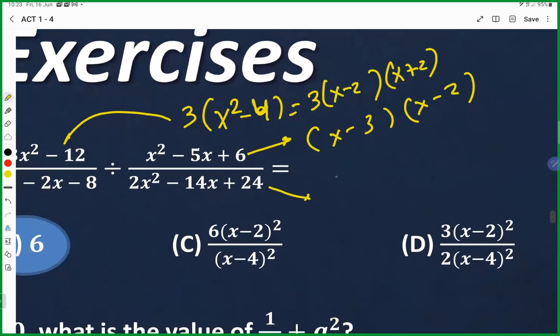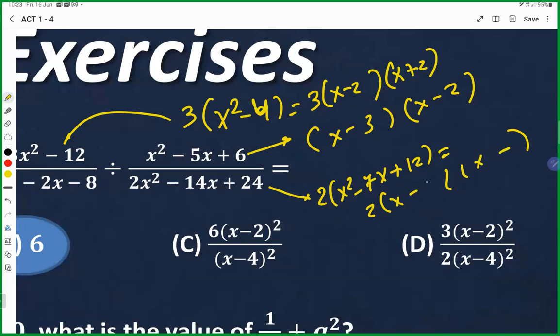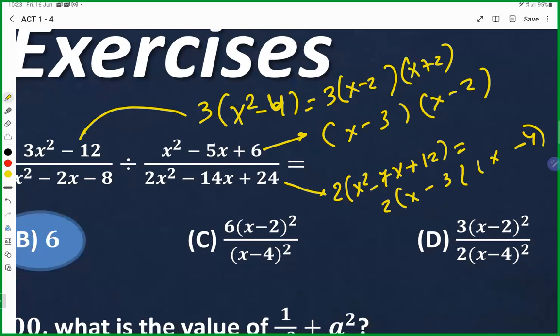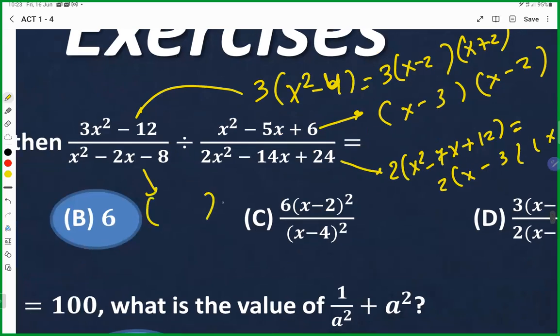And this one becomes, we take 2 out, and inside 2 bracket x squared minus 7x plus 12. So in this case, 2 bracket, we say x minus 3 and 4. And for this one, we also have 2 brackets, x plus 4, x minus 2.